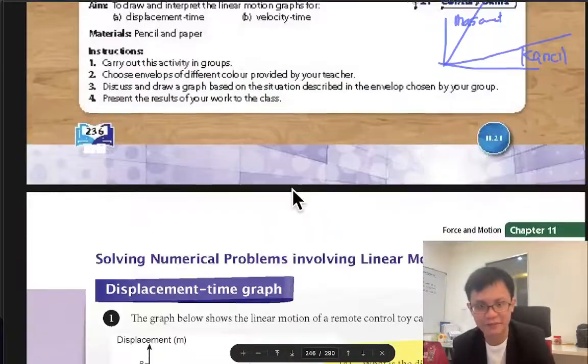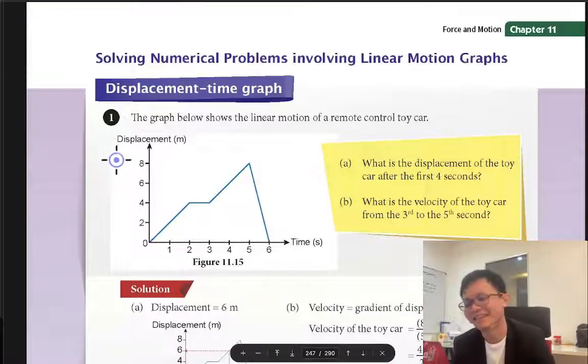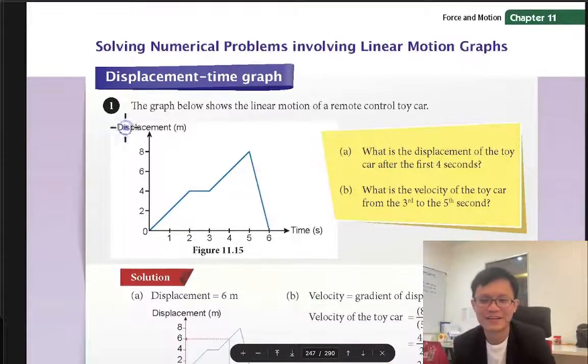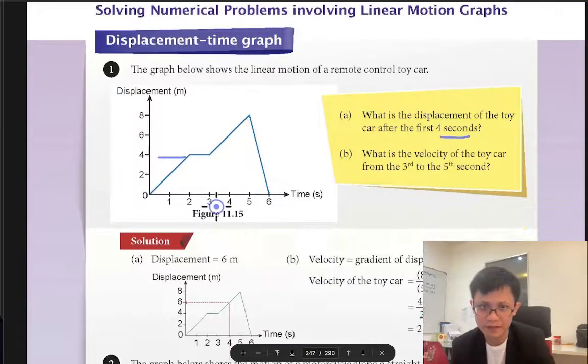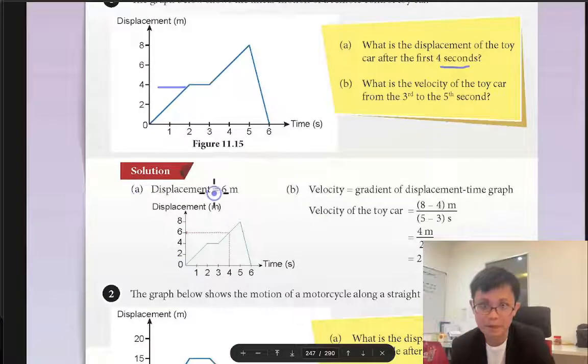Again, I've told you many times already, so I tell again. The displacement time graph. Okay, so this question, displacement time graph. What is the displacement of the toy car in 4 seconds? 4 seconds is here. Displacement at 4 seconds. 4 meter, correct or not? 6 meter.